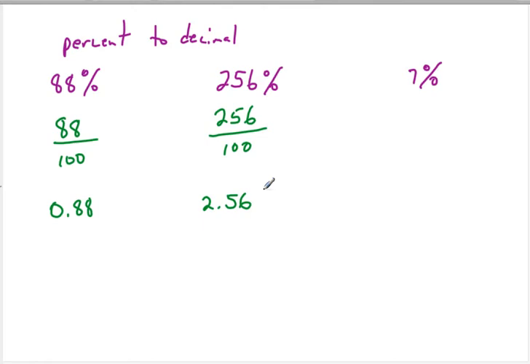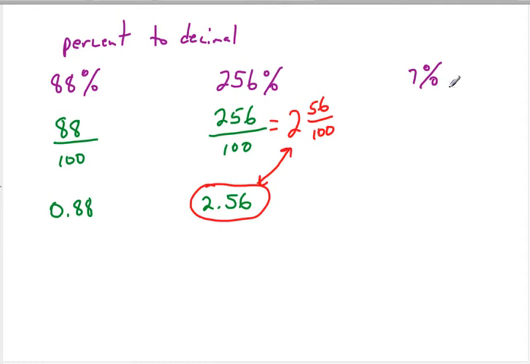Another way that you could prove that to yourself is you can make that a mixed number, 2 and 56 hundredths, right? So that would prove this as well.